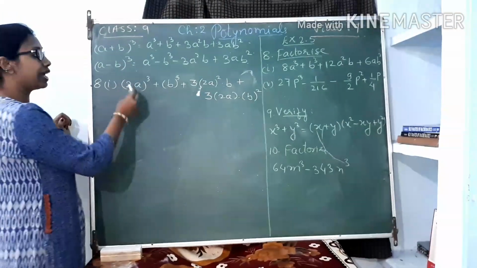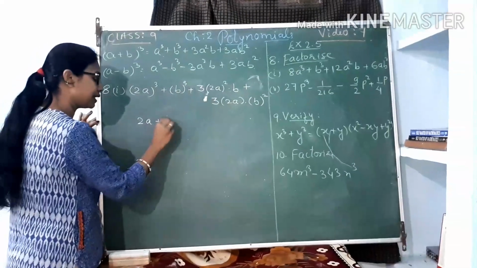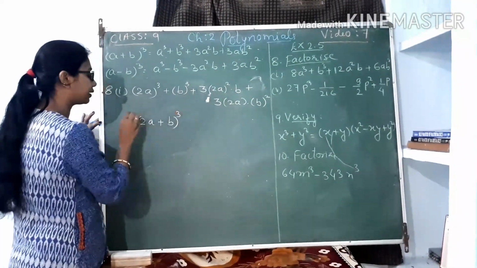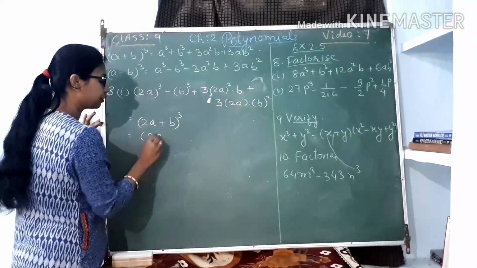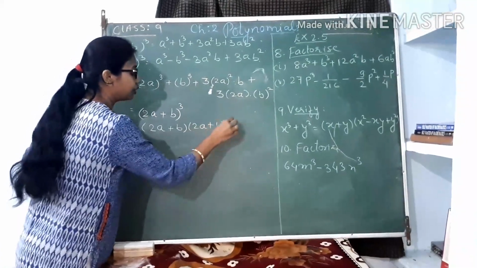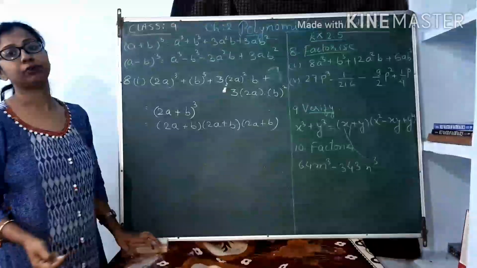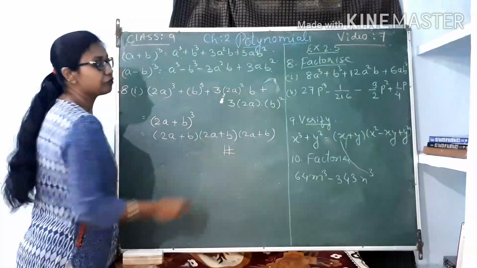Now what is your a here? Your a is 2a and b value is b. So this is your factorization. You can write it in product form as (2a plus b) times (2a plus b) times (2a plus b), or directly write (2a plus b) whole cube. It's your first answer.